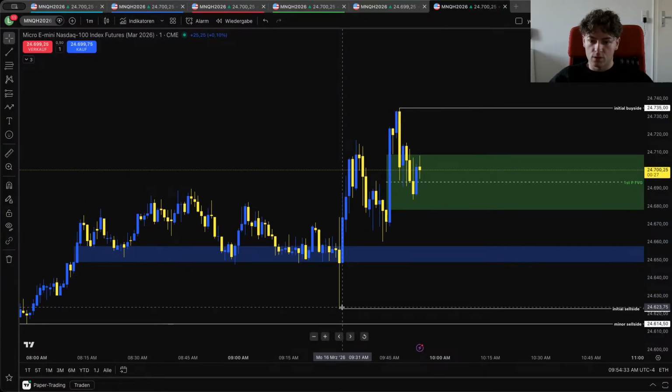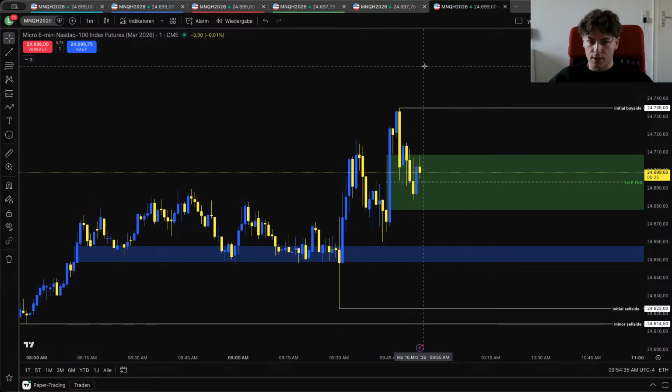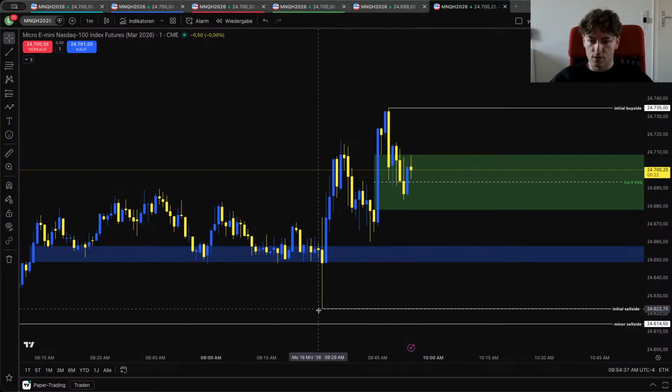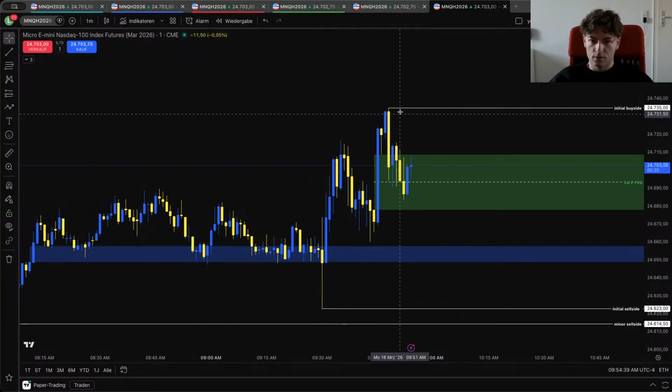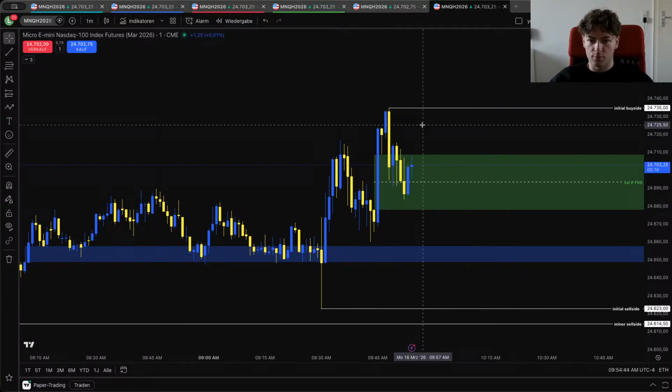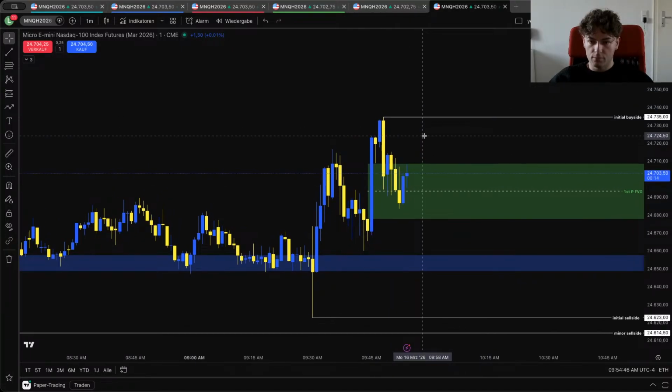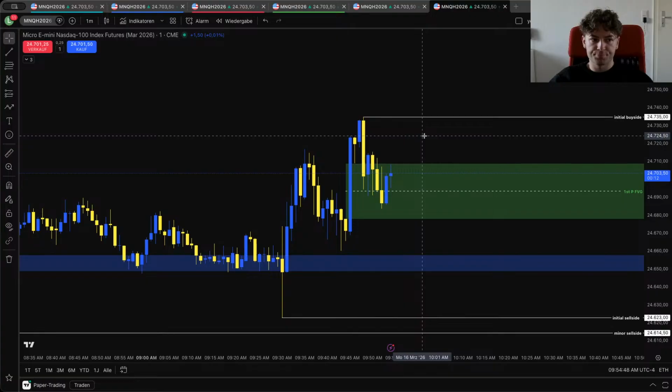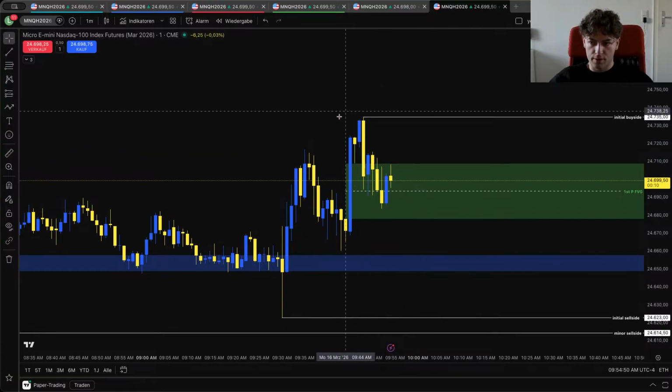Why? The first 30 minutes of trading, the opening range low. I guess that would be the opening range high. We still have 5 minutes until 10 a.m. But for now, this is the opening range high.